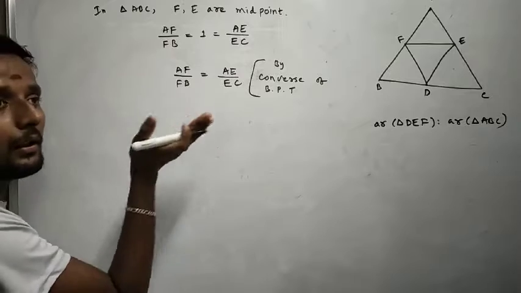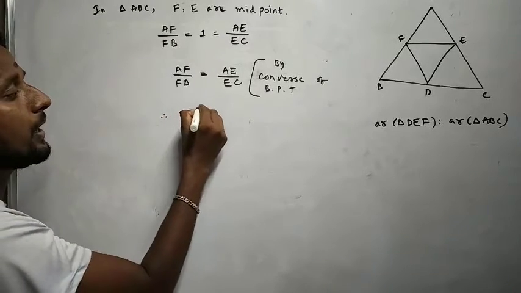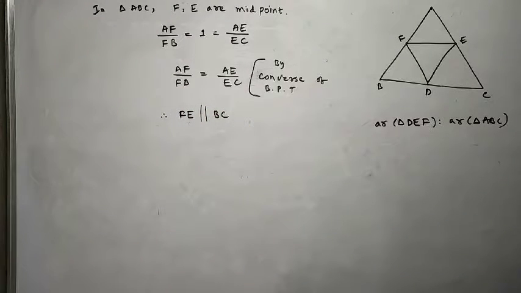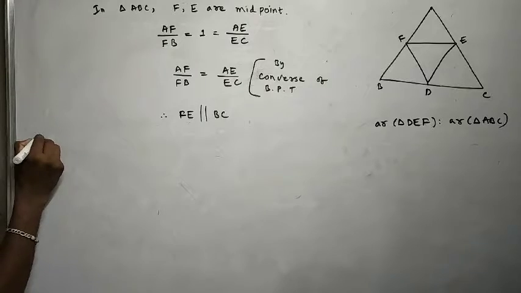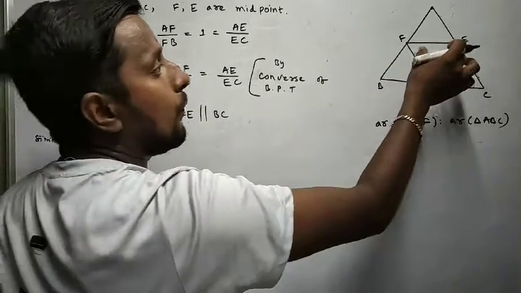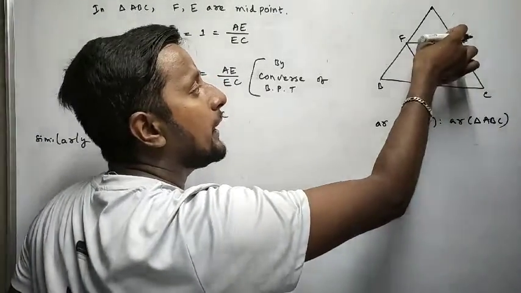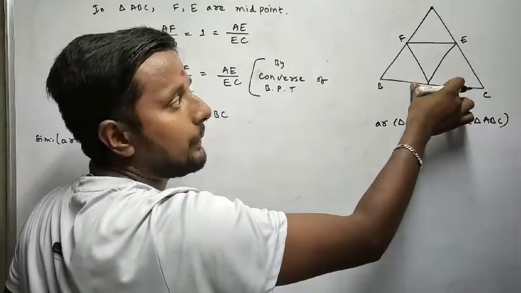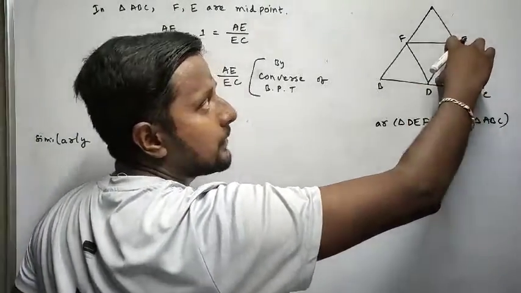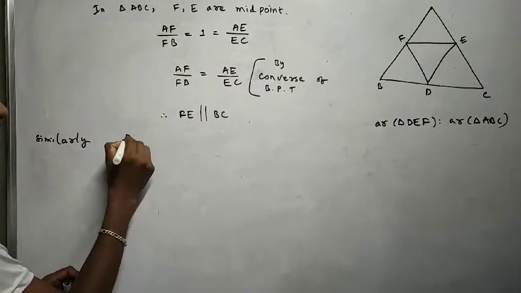Therefore FE is parallel to BC. Similarly, D and E are also midpoints, so I can prove that DE is parallel to AB.